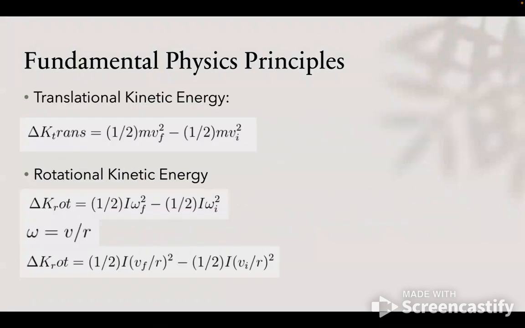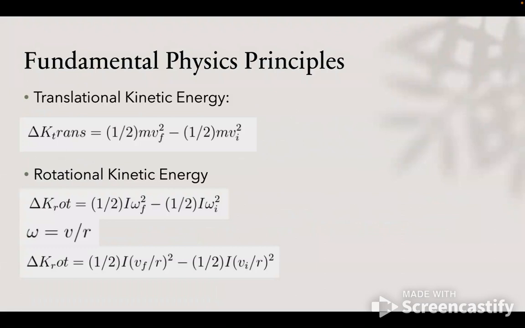The equations for each are shown here. The change in translational kinetic energy is equal to 1/2 mass velocity final squared minus 1/2 mass initial velocity squared. For rotational kinetic energy, it's similar, but it's 1/2 I, which is the moment of inertia of the object, omega, which is rotational velocity, final squared, minus 1/2 I omega initial squared.